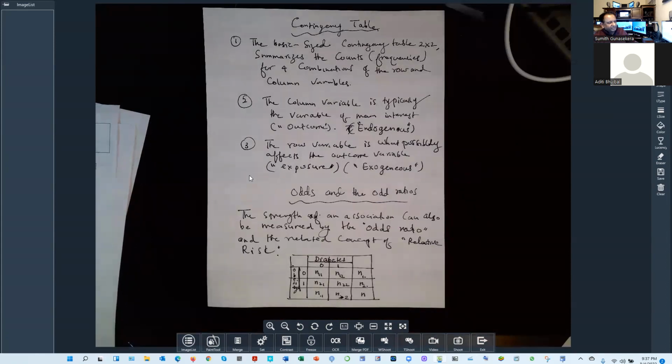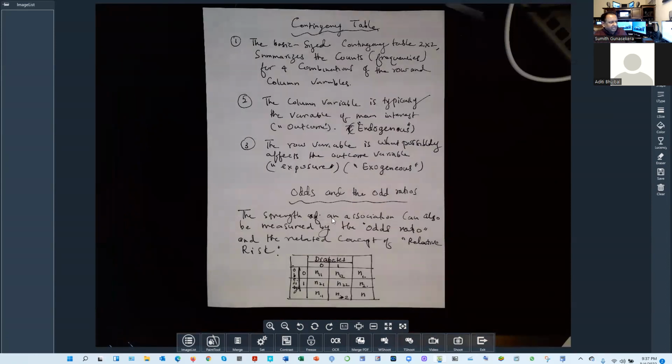And the strength of an association between two variables, diabetes and this one, can also be measured by the odds ratio and the related concept of relative risk. These two, odds ratio OR and relative risk RR, we're going to use to talk about the strength of the association.